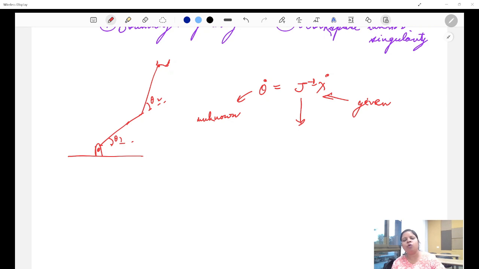You want an end effector velocity of 2 meters per second, but how do you achieve it? You need to provide some velocity to the joints, then only will you be able to achieve it.